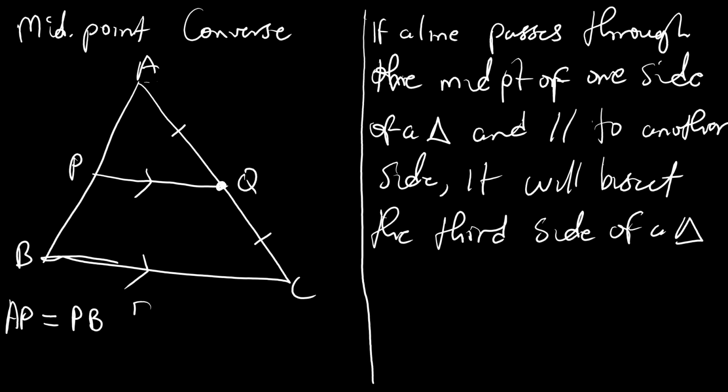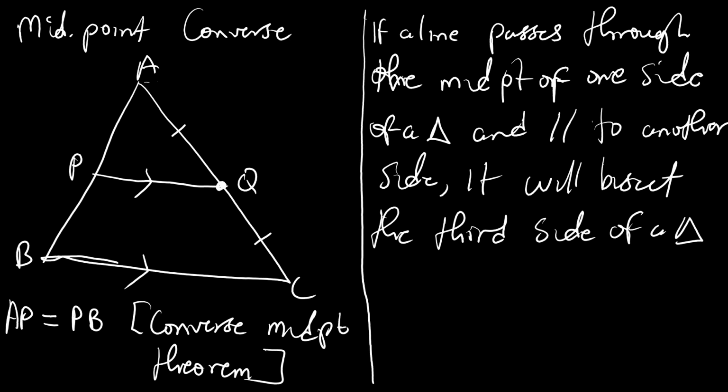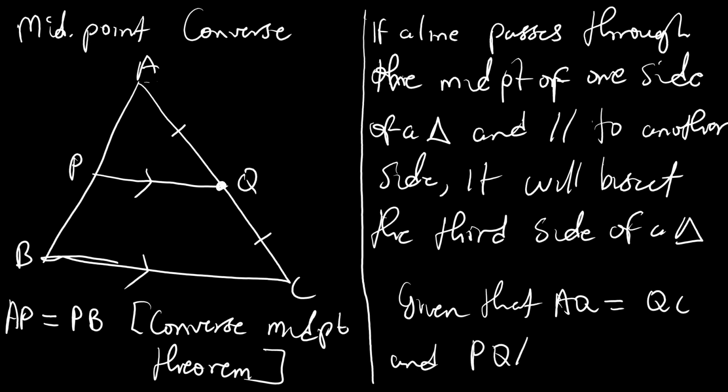The reason will be the converse midpoint theorem. So it's very important. Here, what we were given is that AQ is equal to QC and PQ is parallel to BC.